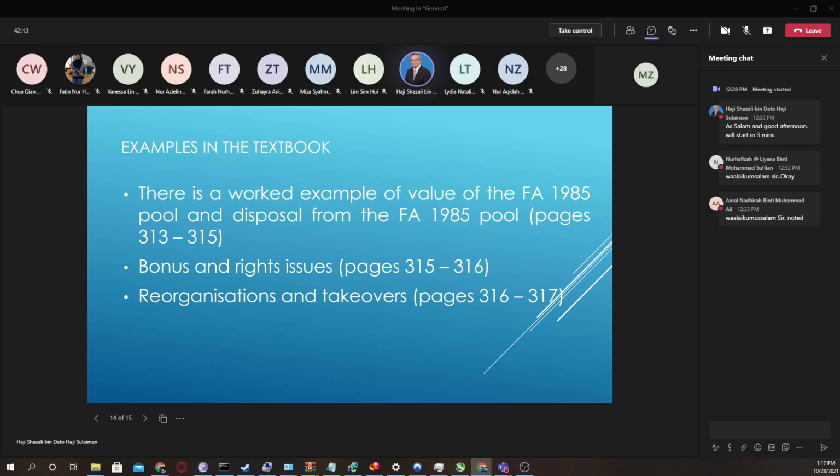So when you go through the example, just go through it slowly. To me, this example illustrates how you start from the FA 1985 pool. When you have an acquisition, what's the impact on the pool? And then when you have a disposal, how the disposal is calculated.